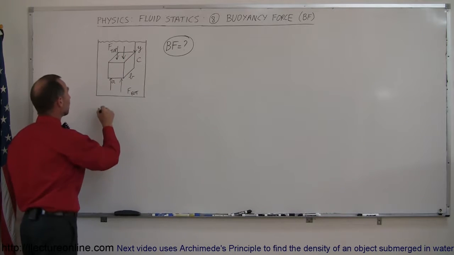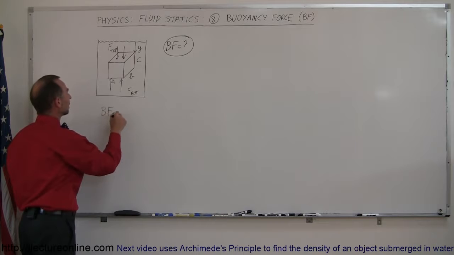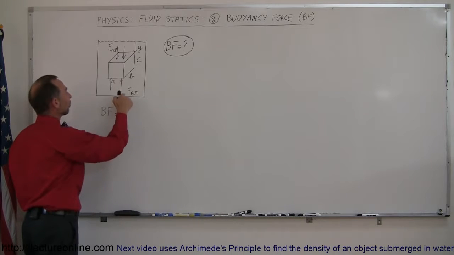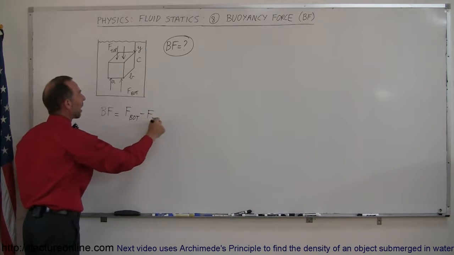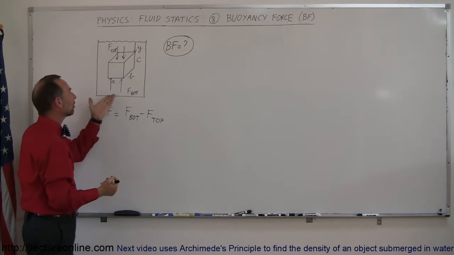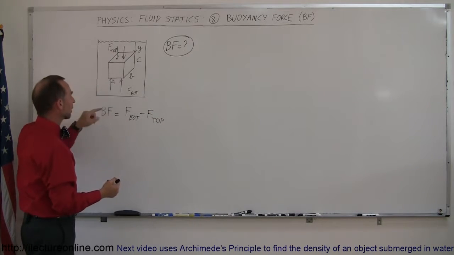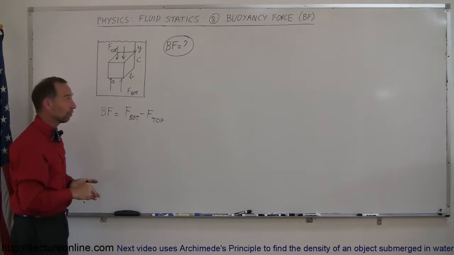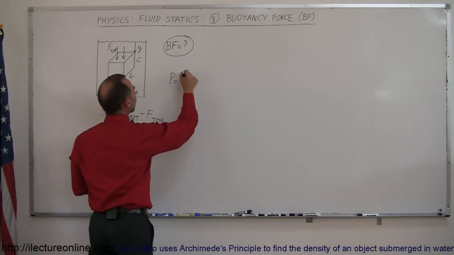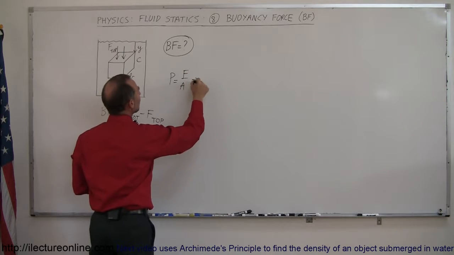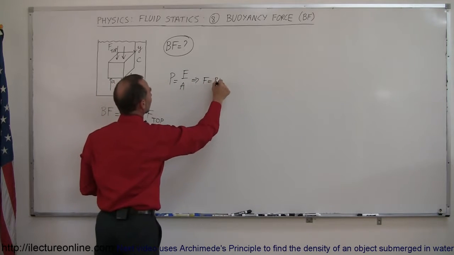In other words, the buoyancy force can simply be calculated by taking the force at the bottom and subtracting from that the force at the top. It's the difference between the force at the bottom and the force at the top on the block that creates the buoyancy force. Since pressure is equal to force divided by area, the force is equal to the pressure times the area.